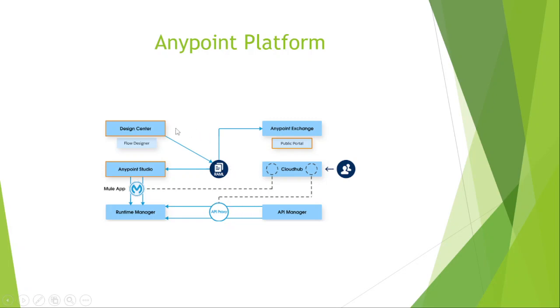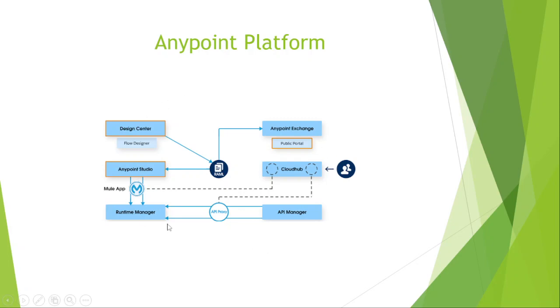In this way, we have created the API, published it, modified it, deployed it, and secured it. So this is the whole architecture of how an API works.